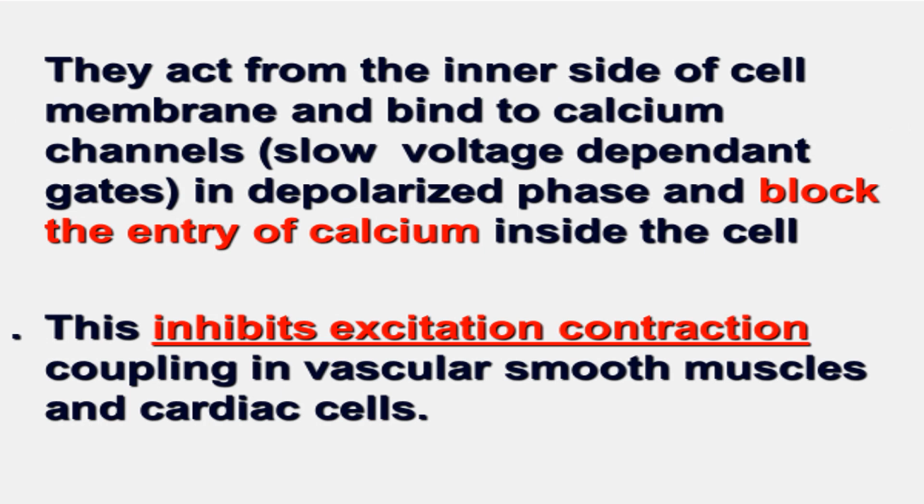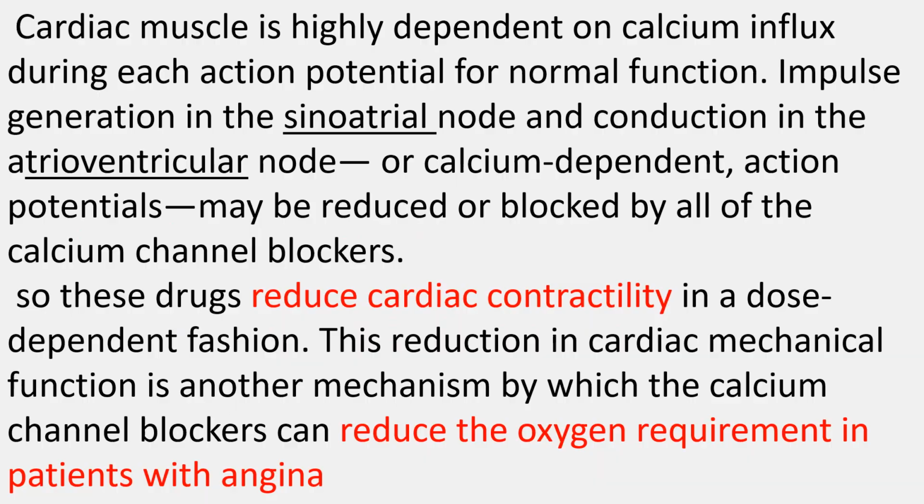Usually, calcium channel blockers act from the inner side of the cell membrane and bind to the calcium channels in the depolarized phase and block the entry of calcium inside the cell. This inhibits excitation-contraction coupling completely in smooth muscles and in cardiac cells.